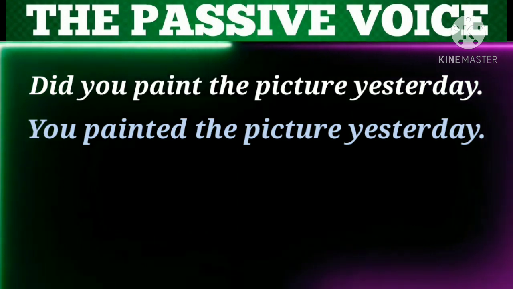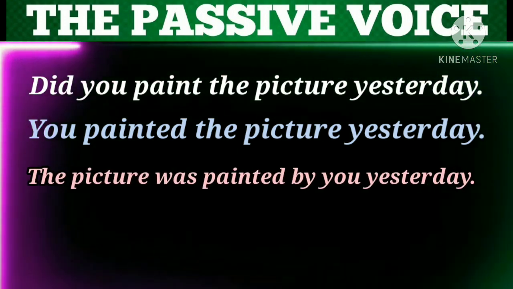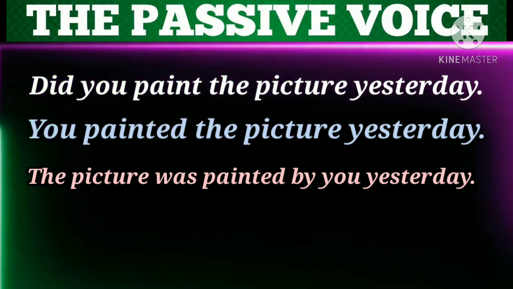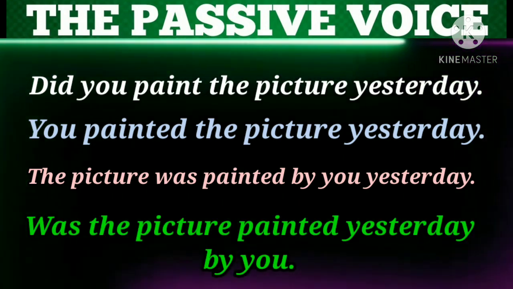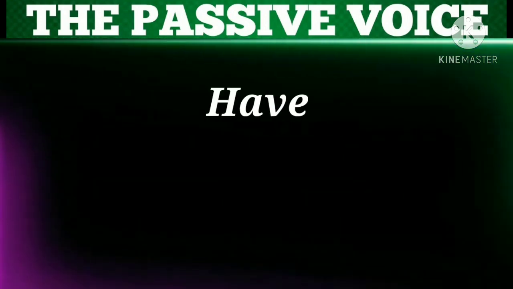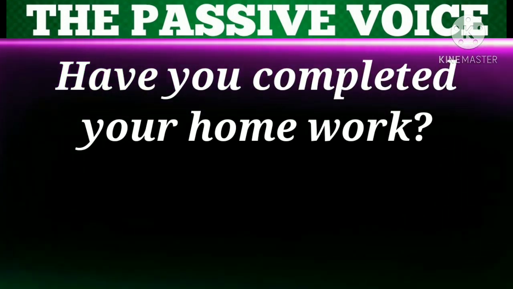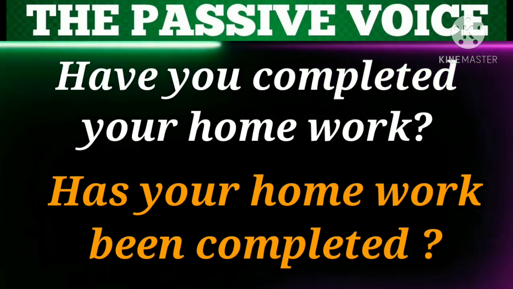Now turn it into the passive. It will be the picture was painted by you yesterday. Again turn it to interrogative: was the picture painted by you yesterday? Have you completed your homework? Then the passive will be has your homework been completed?